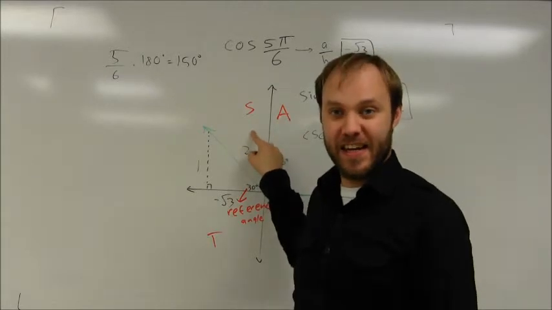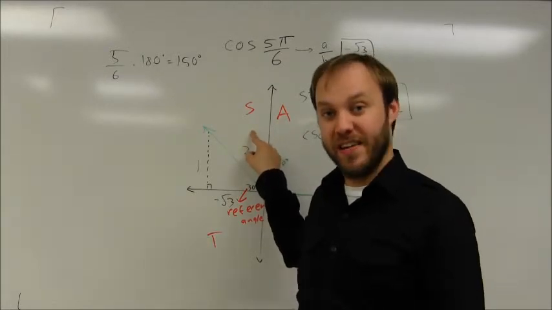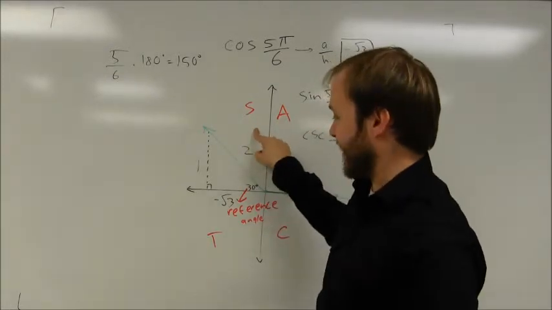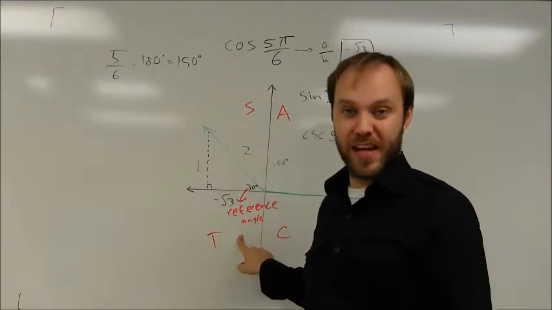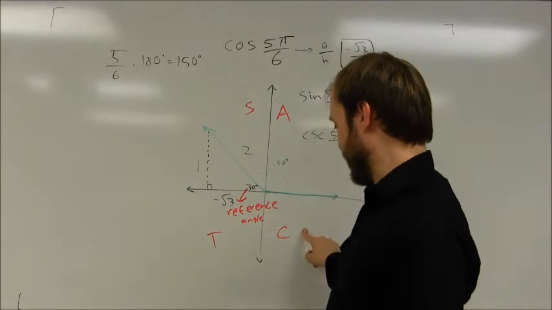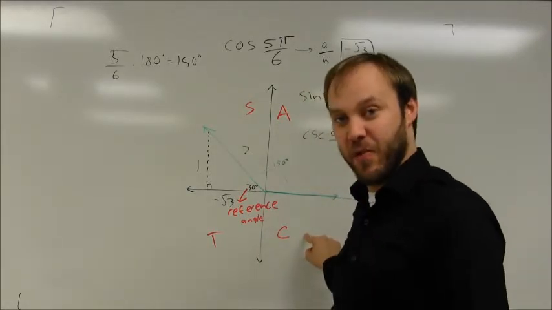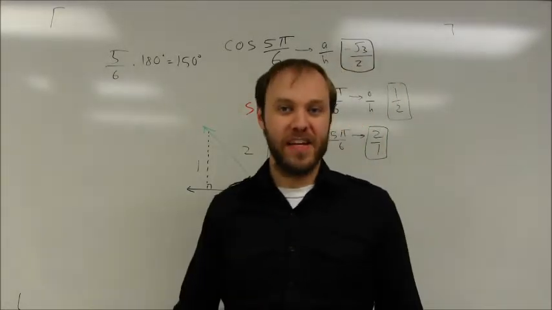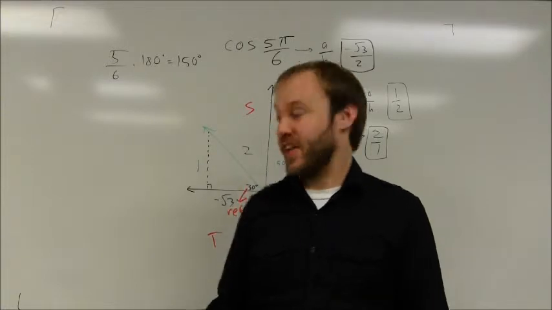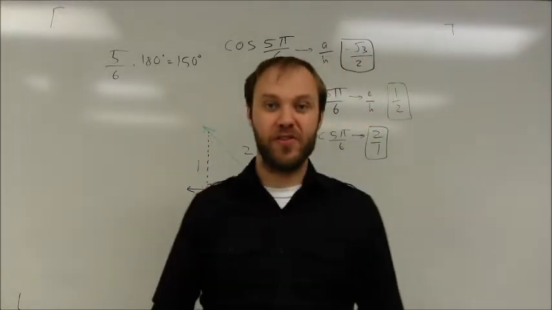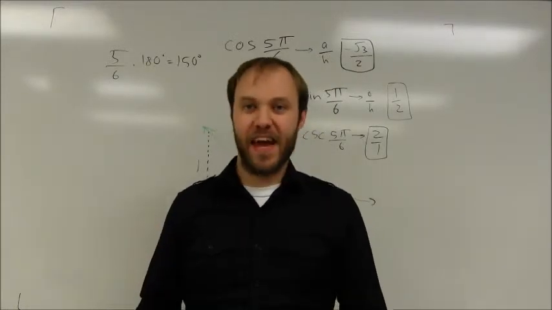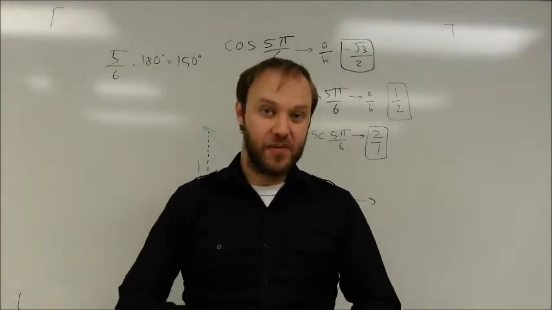Sine and its reciprocal, cosecant, are going to be positive in the second quadrant. In the third quadrant, tangent and its reciprocal, cotangent, will be positive. And then cosine and its reciprocal secant will be positive in the fourth quadrant. So again, you should be able to see this by putting in your signs when you label your triangle, but if you forget that or you want to go back and check at the end, it's a really nice way to do that.